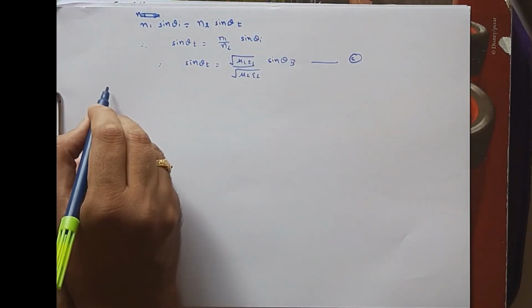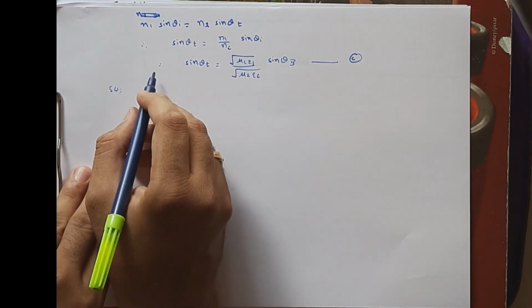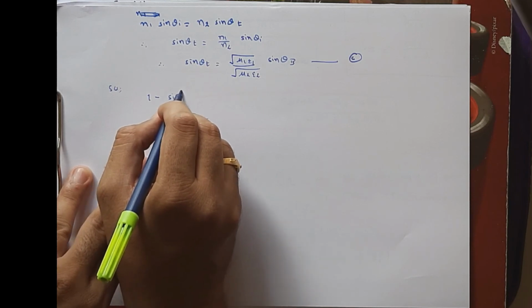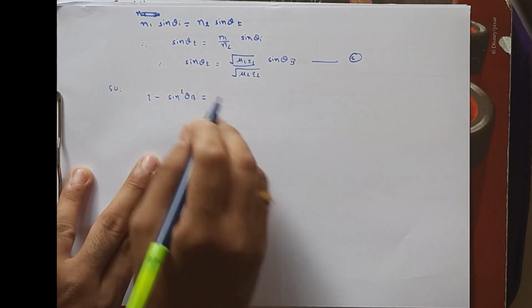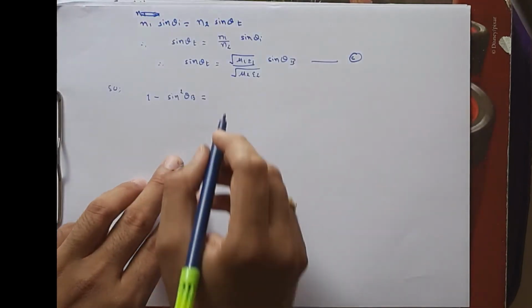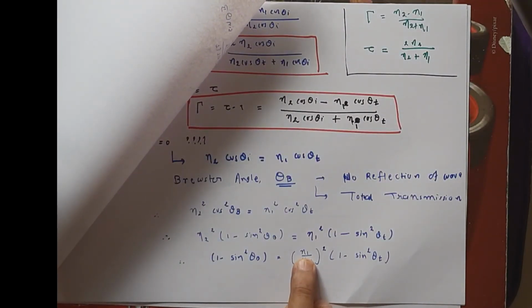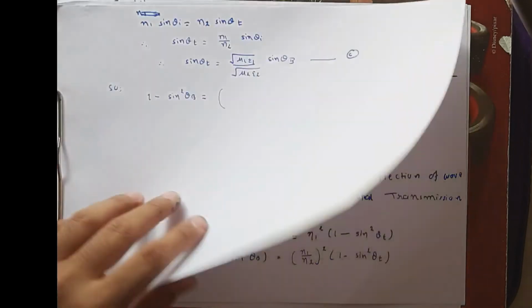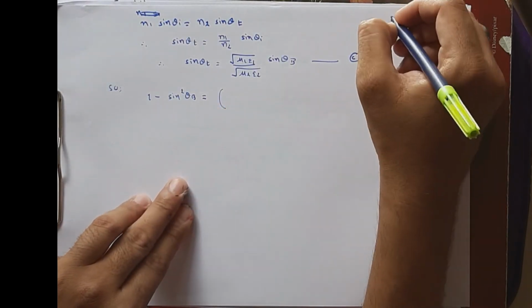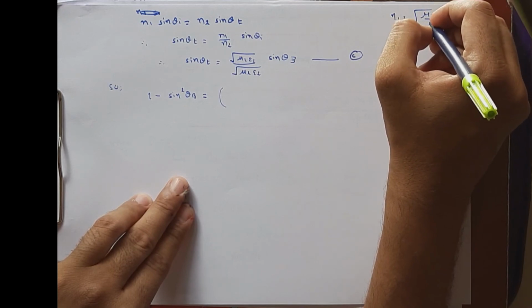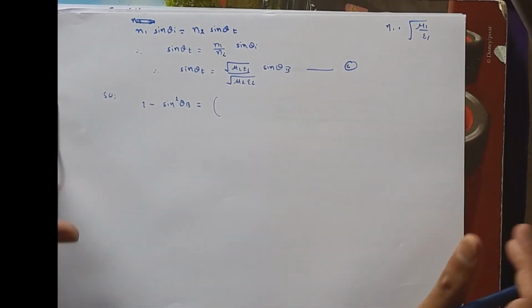So if I substitute the value, it is 1 minus sin square theta b, 1 minus sin square theta b is equal to, now it is not n1, it is the intrinsic impedance eta 1. So we know that eta 1 is equal to the square root of mu1 by epsilon 1.